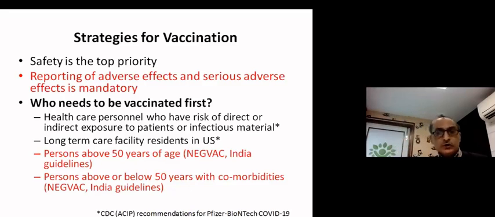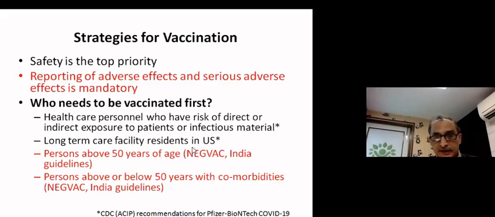We are supposed to give details about all the adverse effects of these experimental vaccines. Now, who needs to be vaccinated first? Healthcare personnel who have the risk of direct or indirect exposure to the patient or infectious material need to get vaccinated.